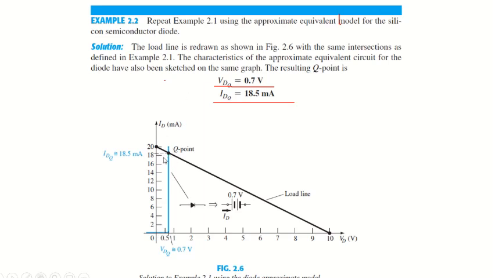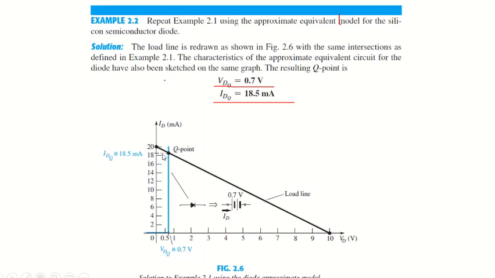So we already knew the vertical axis value of ID, which is 20 milliampere, whereas the horizontal value is 10 volts. So we connected these two points and found the Q point. It's the point where the load line intersects with the characteristic curve.